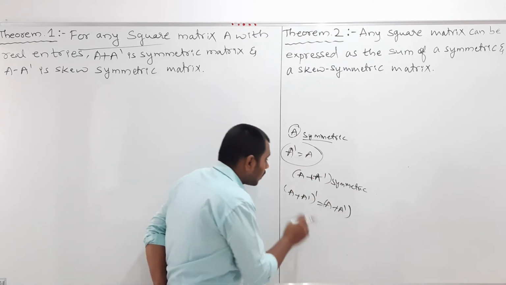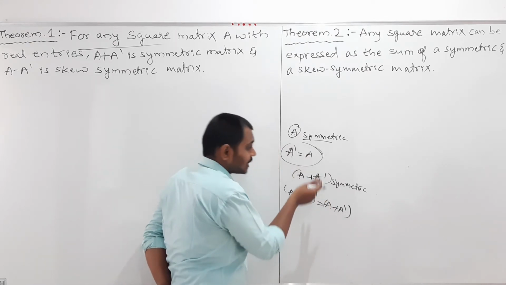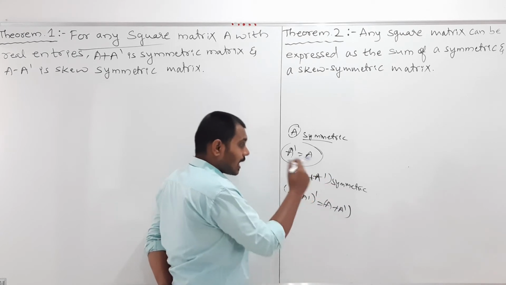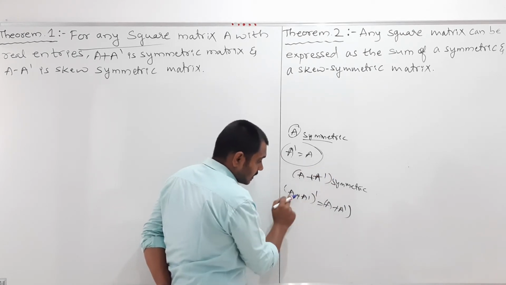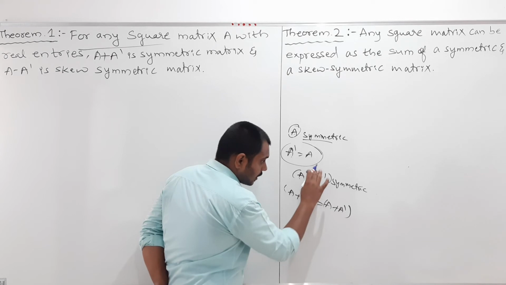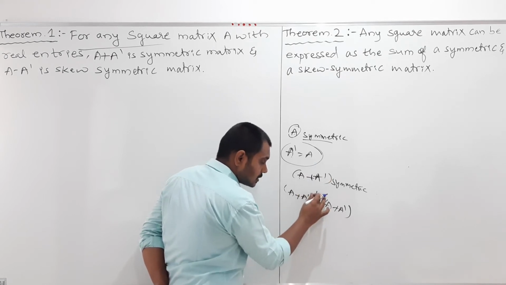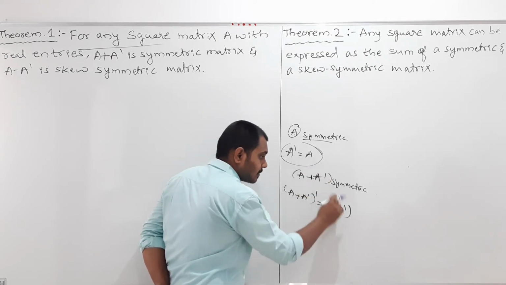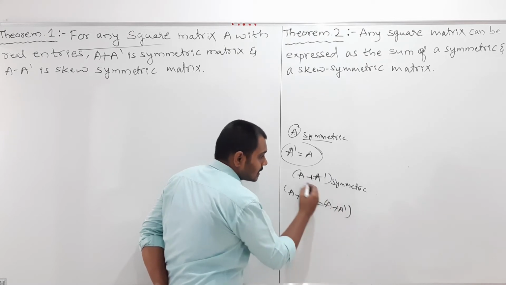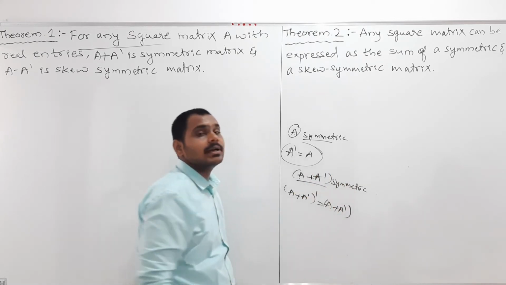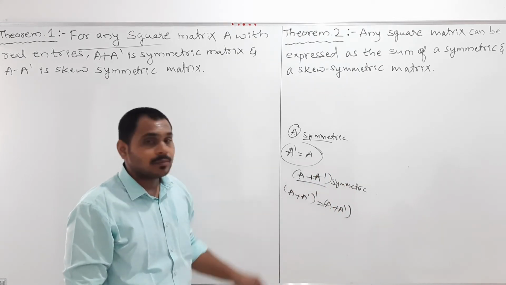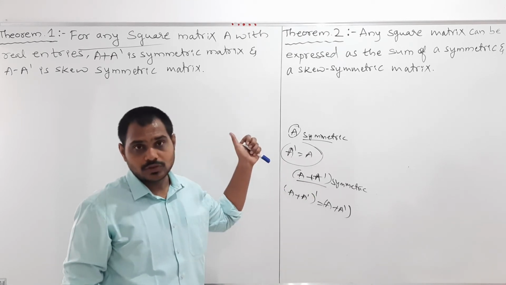Similarly, if I want to prove that A plus A dash is symmetric, again I should take the transpose of this A plus A transpose, the whole transpose, and that must be equal to this matrix only, A plus A dash. Then you can say that A plus A dash is a symmetric matrix. This is the concept we should use here.